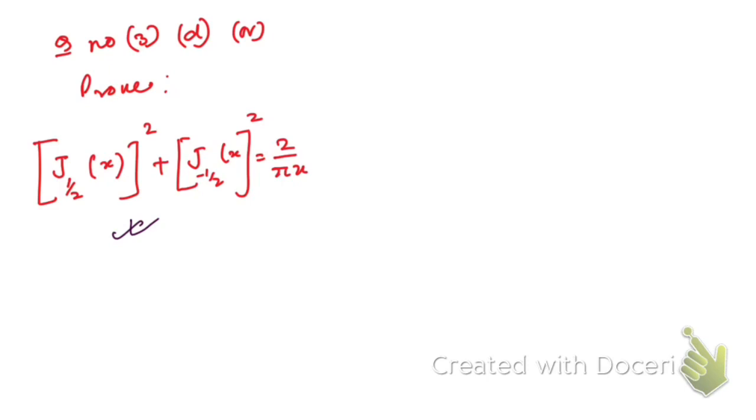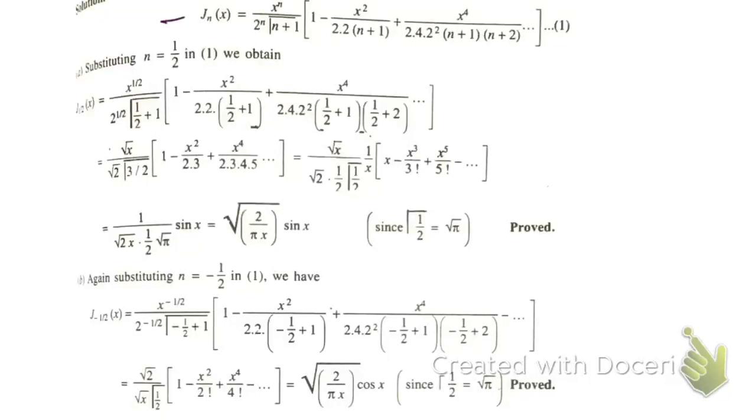Let me go to the solution directly. Here you can see this is called Bessel's polynomial. From this one, if we put n is equal to half, we will get J half of x equal to this expression.